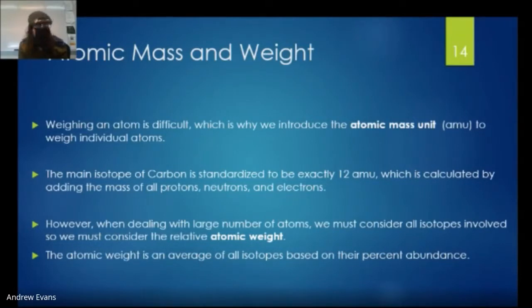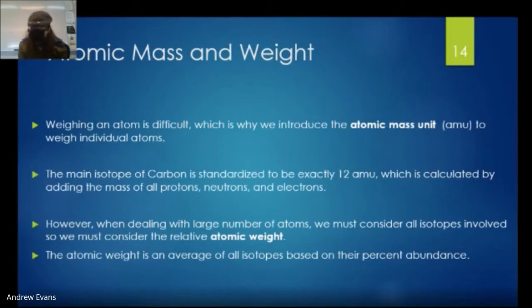So they may be fractions of an AMU because they're not perfectly 1 or 2. Remember, when we looked at a proton and a neutron, technically they're like 1.007 or 1.008 AMUs. So a proton and a neutron are slightly heavier than 1.